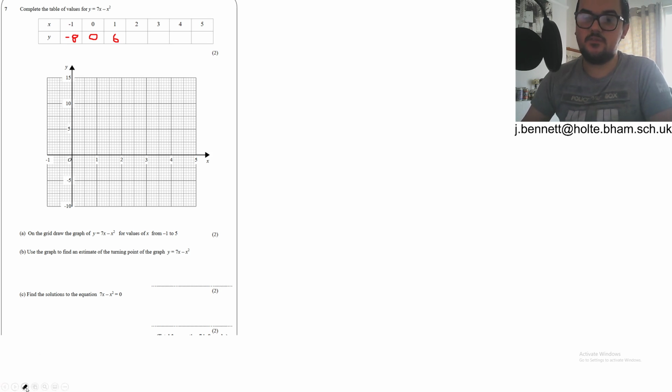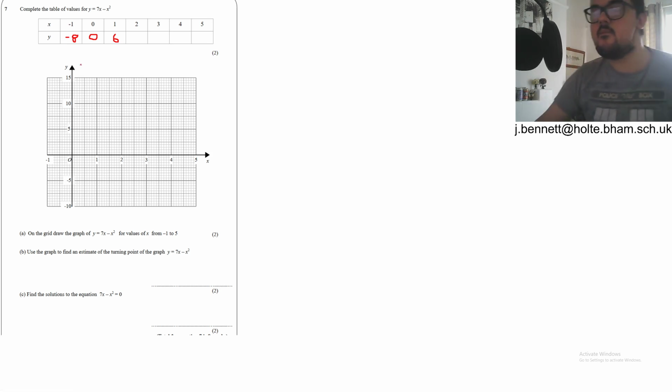2 times 7 is 14. Minus 2 squared, which is 4. 14 minus 4 is 10. 3 times 7 is 21. 21 minus 3 squared, which is 9. 21 minus 9 is 12. 7 times 4 is 28. 28 minus 16, that is 12.